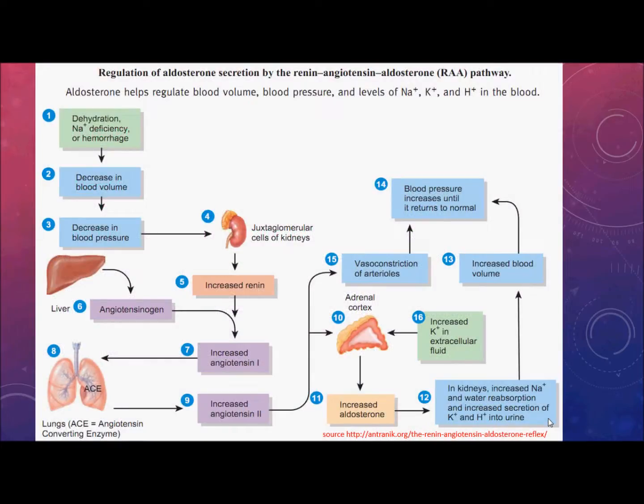Here's a simple diagram of what's going on in the blood. As you can see, there is a decrease in blood volume and blood pressure due to, let's say, dehydration or sodium loss.